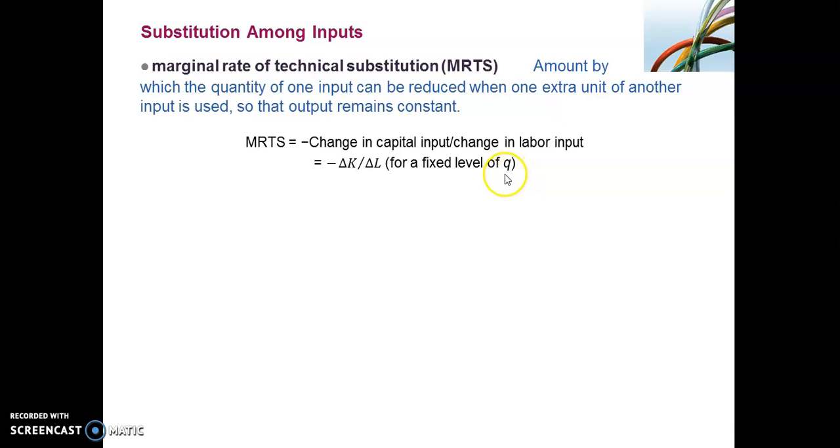So Q represents output. So in the same way that we said our marginal rate of substitution for the indifference curve was diminishing, we here can also show that your marginal rate of technical substitution is also diminishing. So your marginal rate of technical substitution falls because it becomes less negative as you're moving down the isoquant.